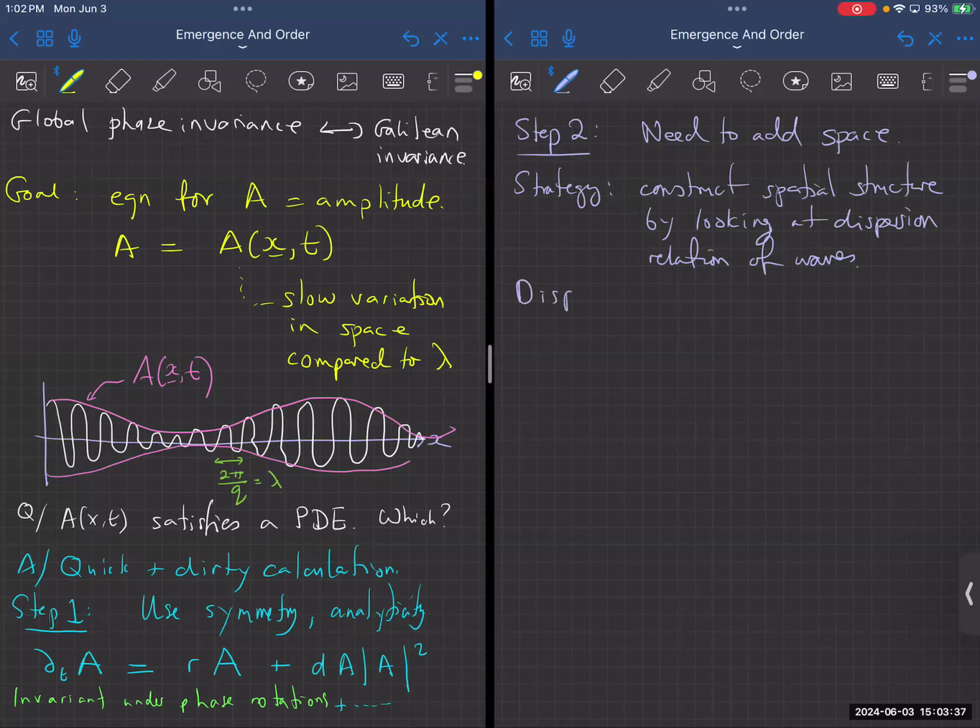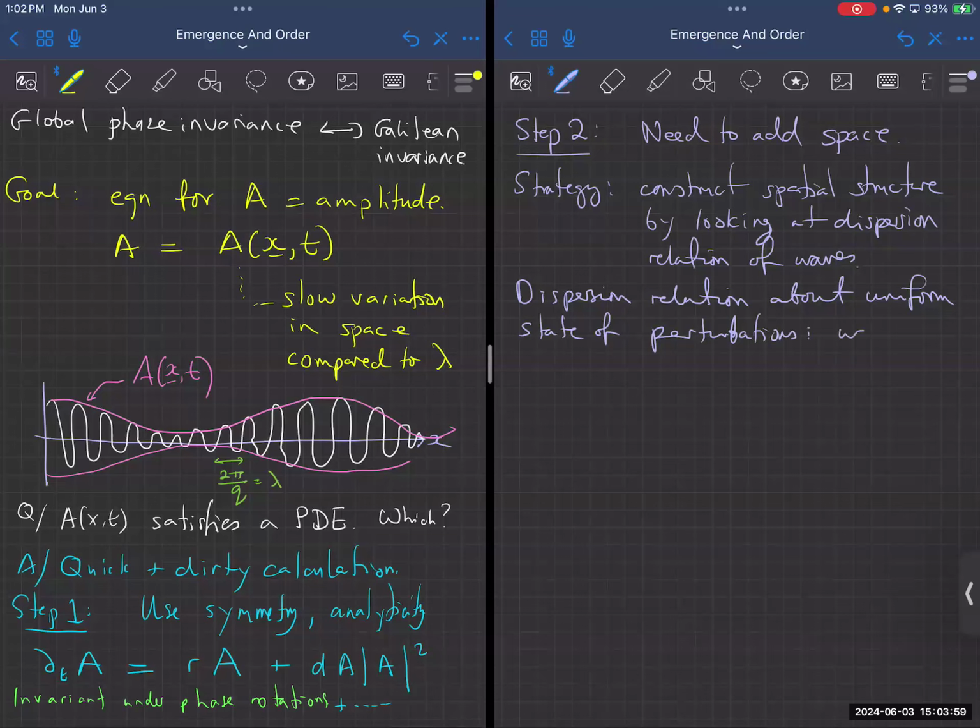So we're going to look at the dispersion relation about the uniform state of perturbations. So in other words, waves.